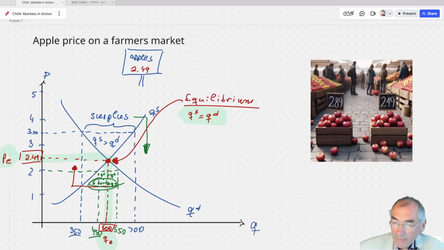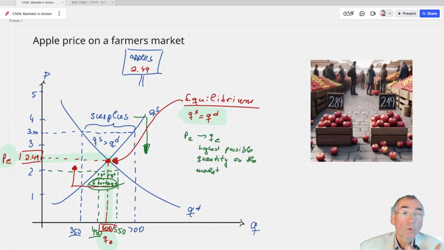So we see that the equilibrium price, PE as we denoted it here, leads to the highest possible quantity traded on the market. Which is the core reason why the equilibrium is in the center of economic analyses, why we would like to achieve this equilibrium in order to get the best result for everyone, which is the equilibrium situation.